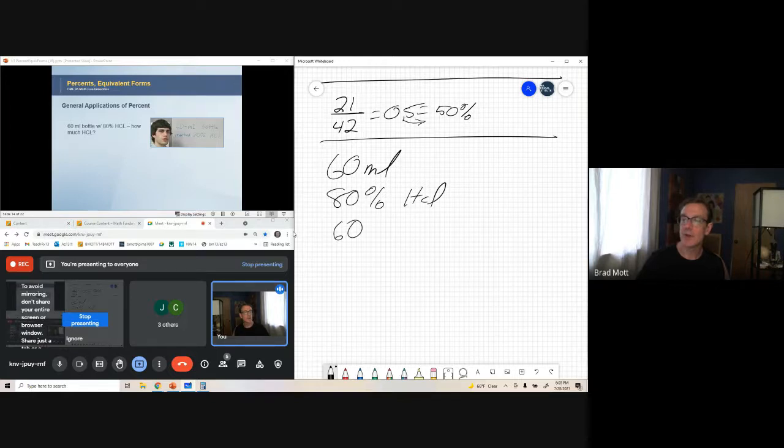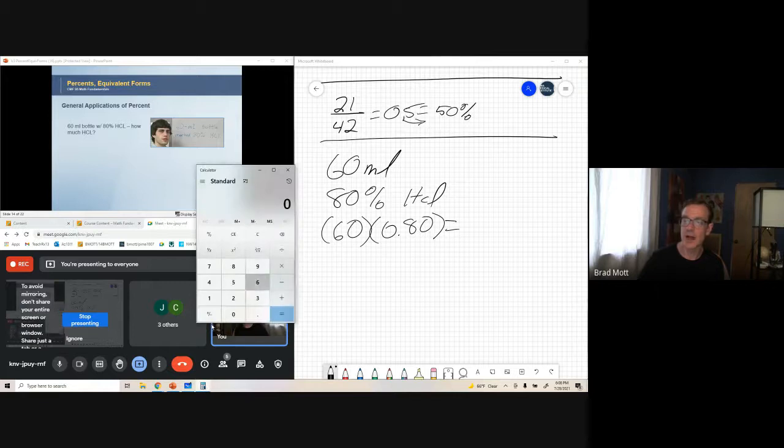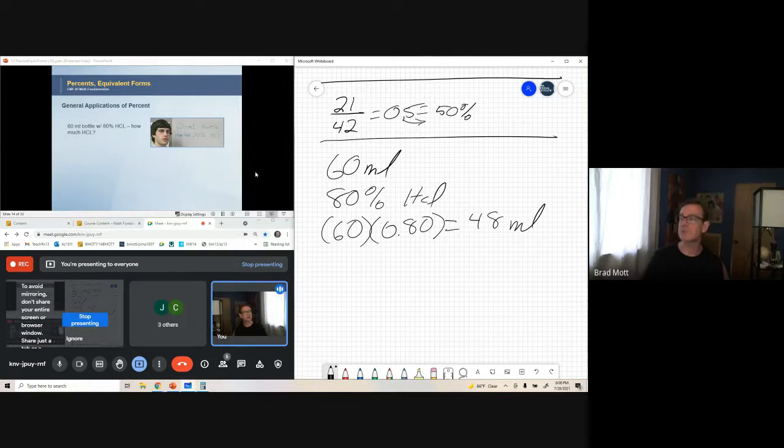We have a 60 milliliter bottle. We convert that percentage into a decimal by moving it two places to the left, and then simply perform our calculation times 0.8. So of that 60 milliliters, 48 milliliters is hydrochloric acid, and 12 milliliters is something else. Probably water, but it doesn't really tell us.